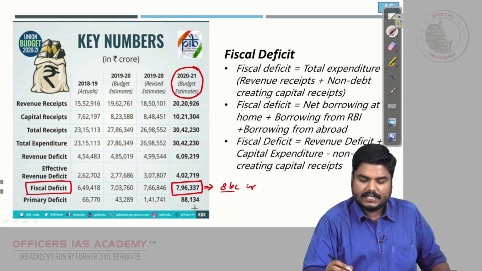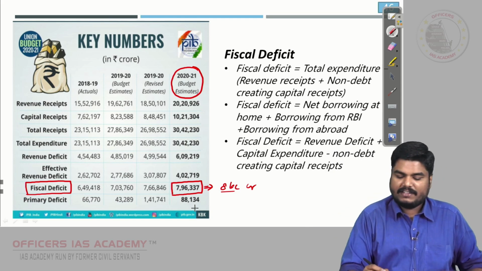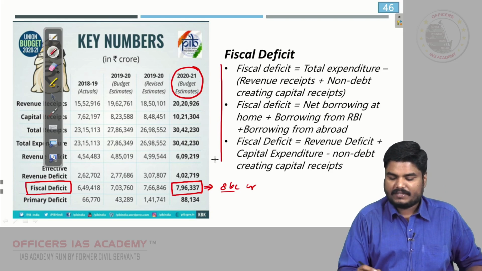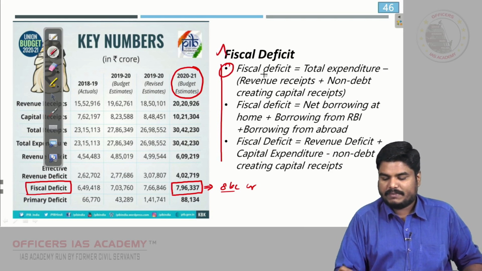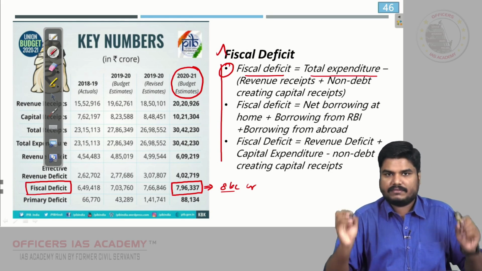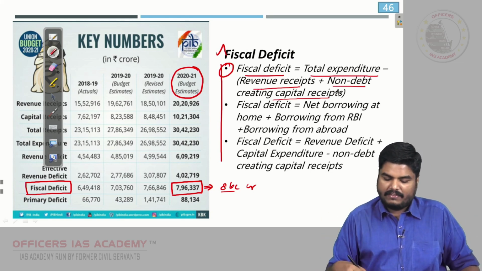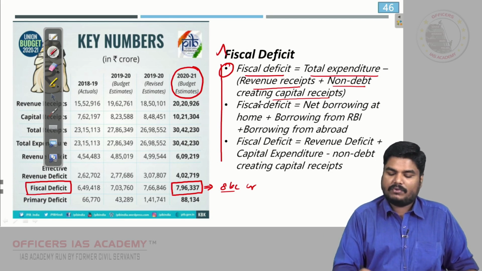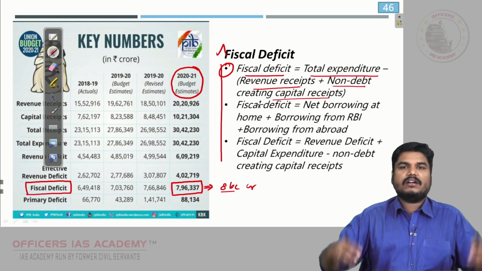Right? Your NCERT is defining fiscal deficit in 3 ways. The first one I explained: FD is equal to total expenditure minus revenue receipt plus non-debt creating capital receipts. Another way is simply that fiscal deficit is equal to the total borrowing made at home, borrowing made from RBI, and from abroad.